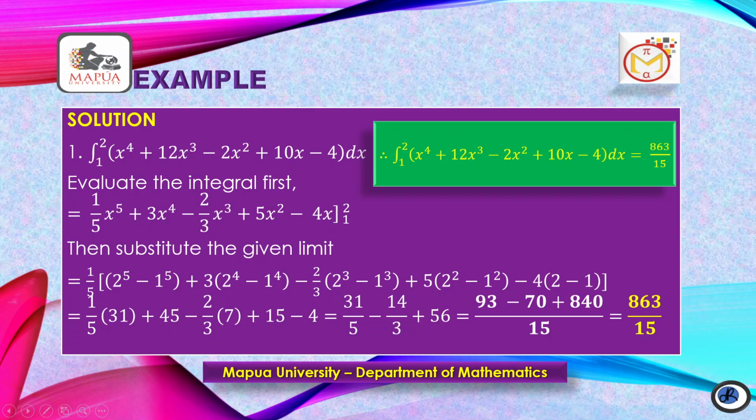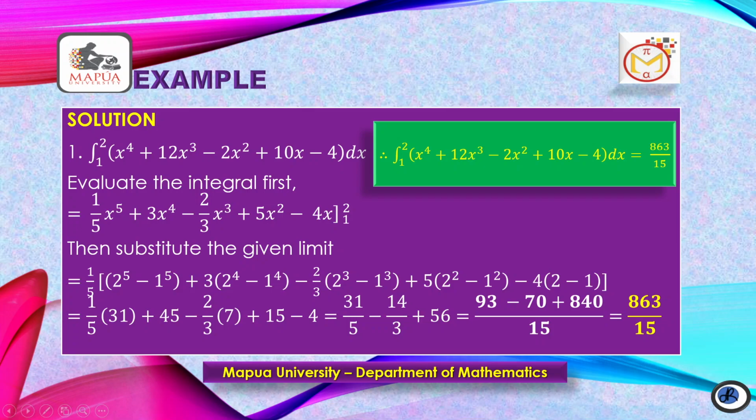And then for the 2/3 x cubed, this is now 2 raised to cube minus 1 raised to cube, again upper limit minus lower limit, multiplied by the coefficient 2/3. And then for the x squared, we have 2 raised to square minus 1 raised to square multiplied by the coefficient of 5. And for the x, this is simply 2 minus 1 multiplied by the coefficient of negative 4.